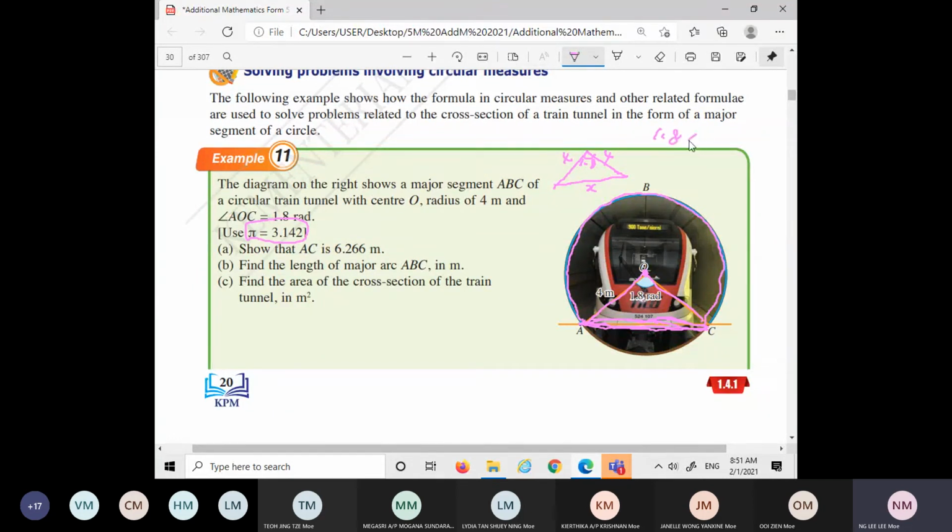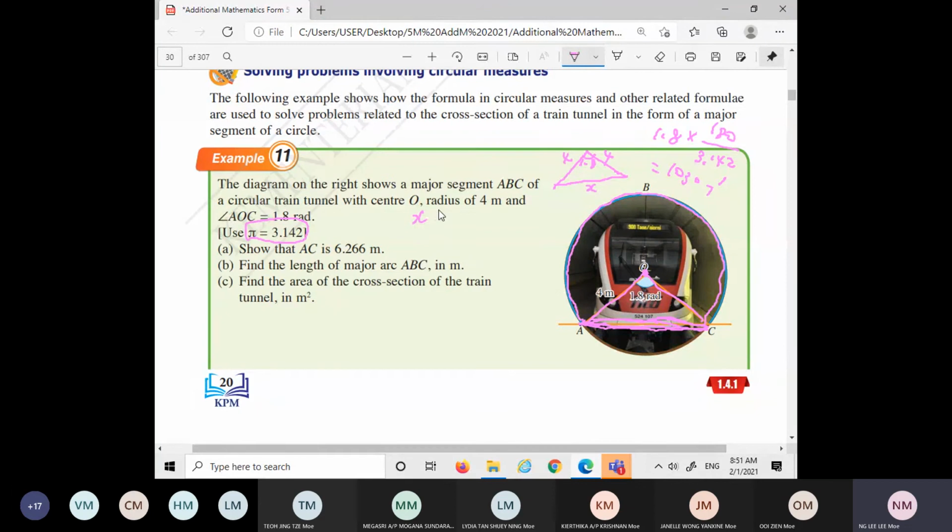So 1.8 radian change into degree, times 180 over 3.142. Change into degree, 103 degrees and 7 minutes. So you use cosine rule. The x squared will be the subject.